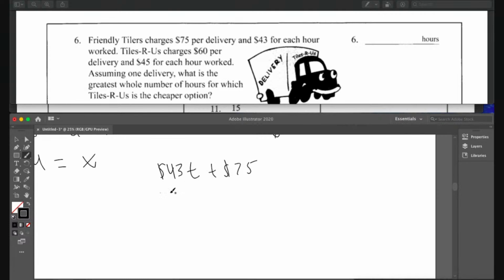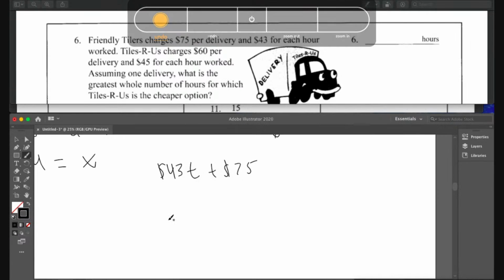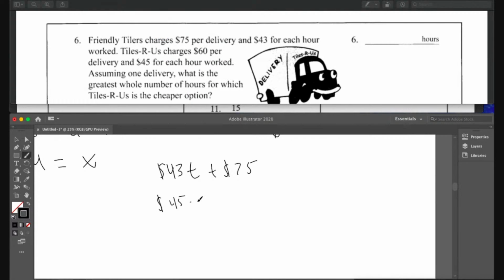Then this is the equation modeling how much they charge. And Tiles R Us is going to be $45 times t plus $60. You're going with one delivery, and you want to know the greatest whole number of hours for which Tiles R Us is the cheaper option. So Tiles R Us is this one.